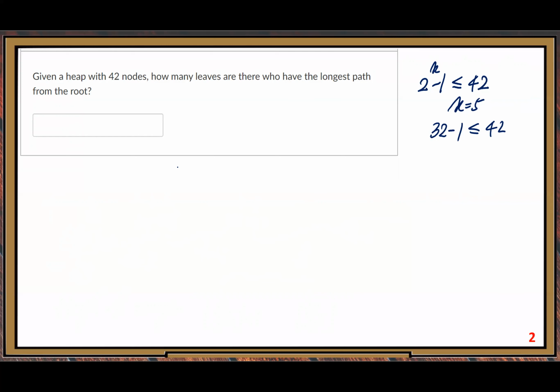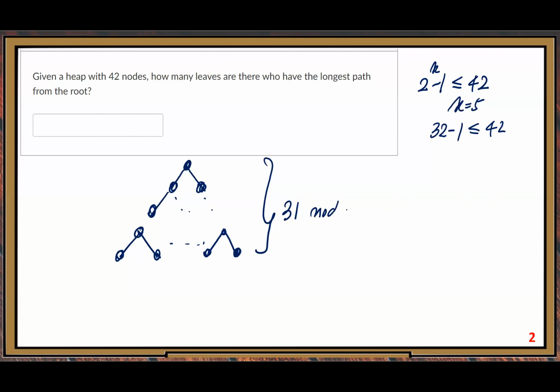So for the binary tree, if we draw a complete binary tree, here we have 31 nodes. 42 minus 31 equals 11.